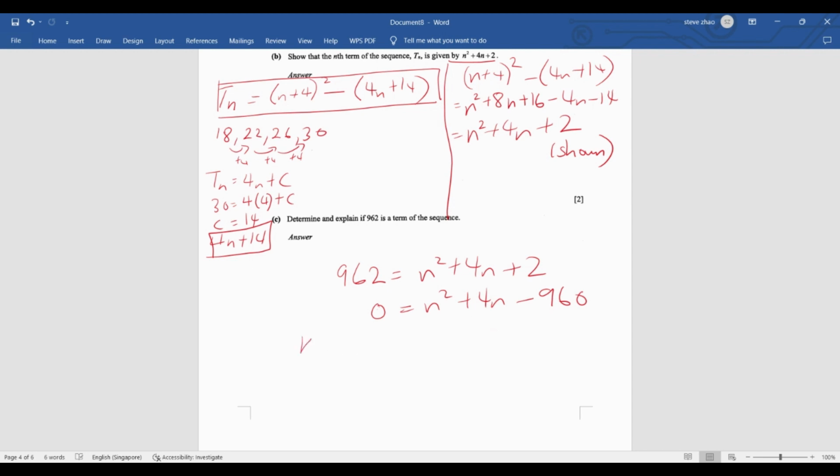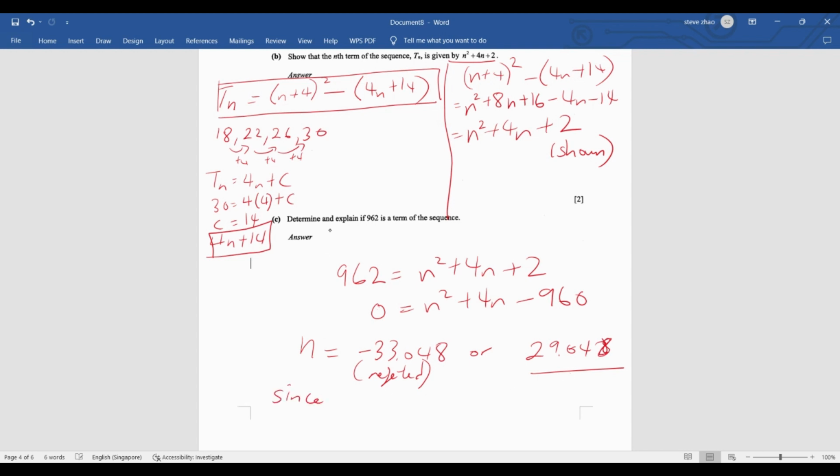So what you should get is negative 33.048 or 29.048. Now we are doing number sequence, so n cannot be a negative number. This one is outright rejected. And then you get this. This is also not correct. Why? Because n must be an integer.